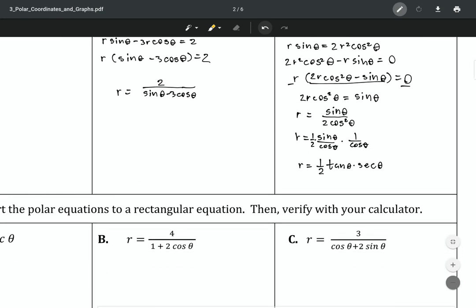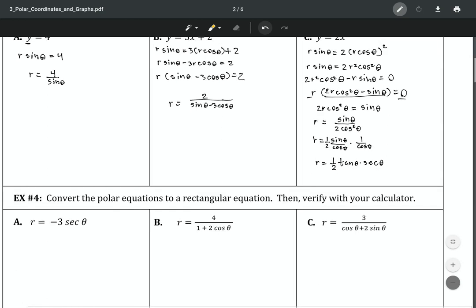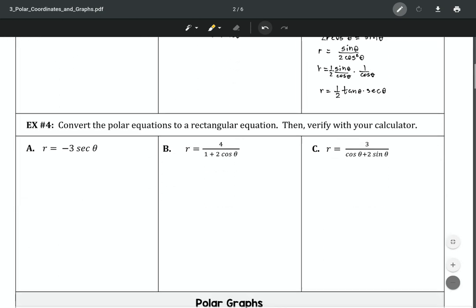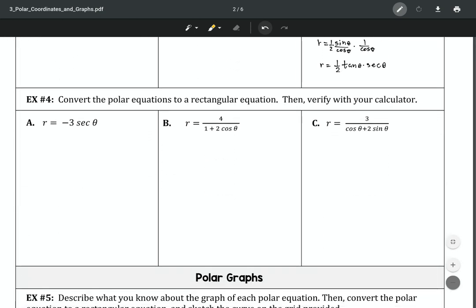Okay. Now, the next few tend to be a little bit more difficult for me, but nonetheless, the first one's not too bad. Notice the secant is 1 over cosine, right? So I can multiply both sides by cosine, and I would end up with this.